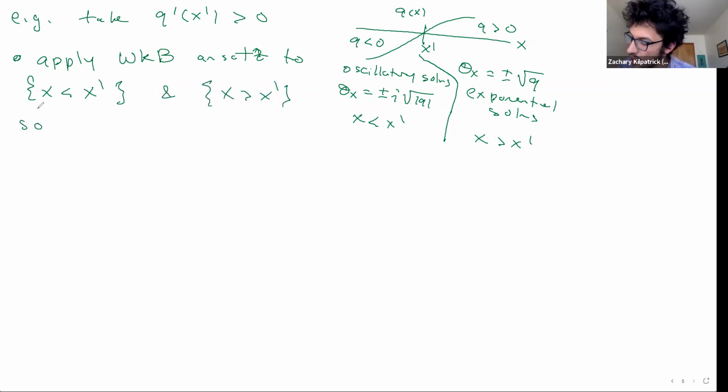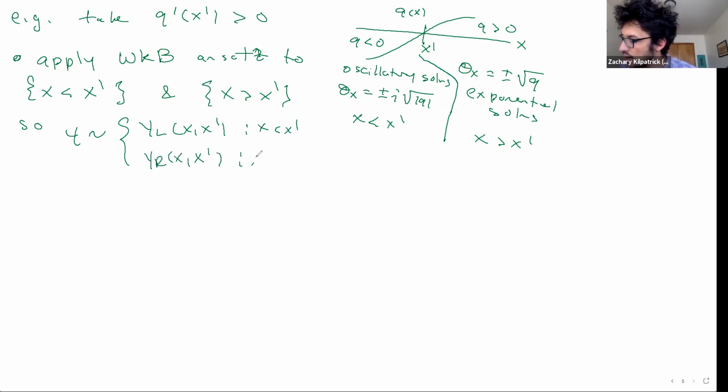To leading order, y is going to be YL for x less than x prime, and YR for x greater than x prime. And YL, I'll write it out, is going to be 1 over Q of x to the 1/4.